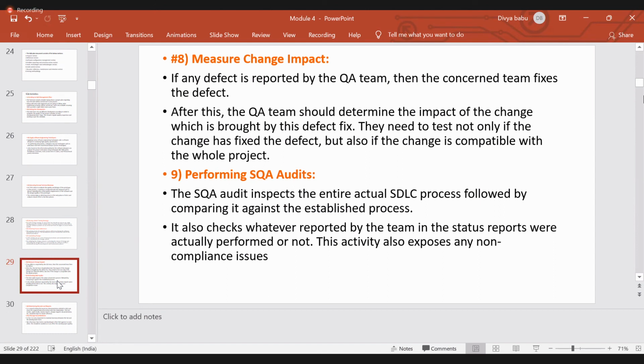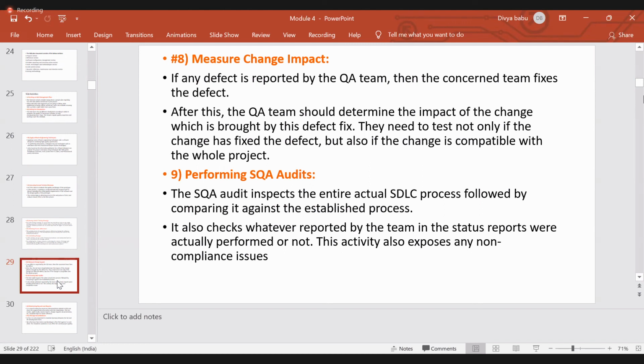Suppose you find some errors or bugs in your project and you modify that part. When you modify it, how does it affect other areas of your project, whether positively or negatively? Is it compatible or not?